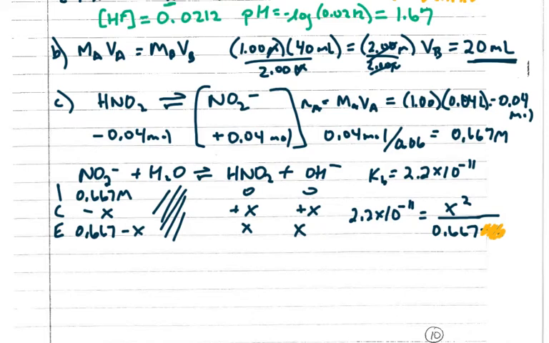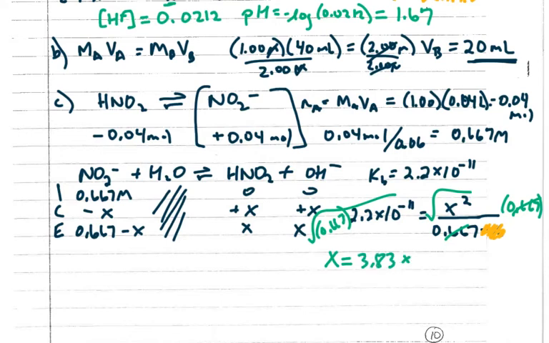We multiply both sides by 0.667, and then we take the square root of both sides, and we solve that x equals 3.83 times 10 to the negative 6. I do a validity check, and I find that this is indeed way less than 5%, so that's good.